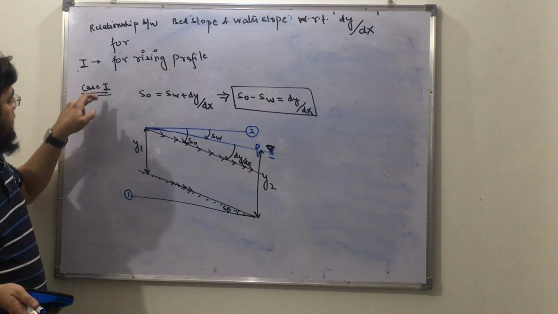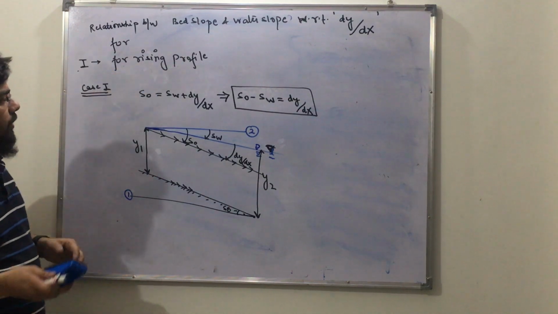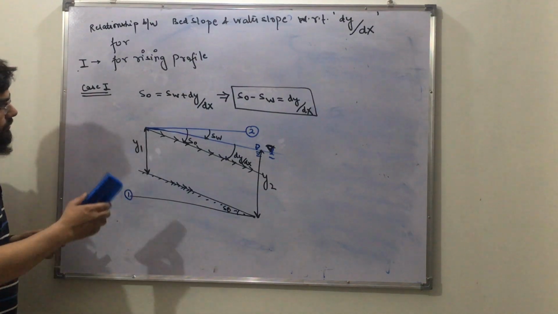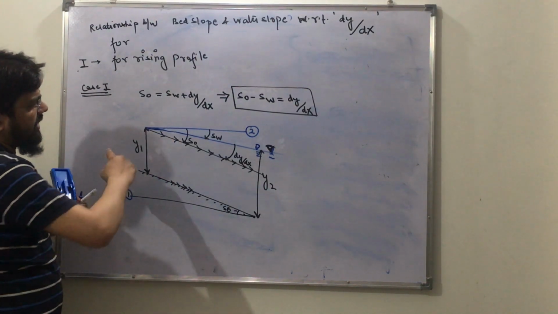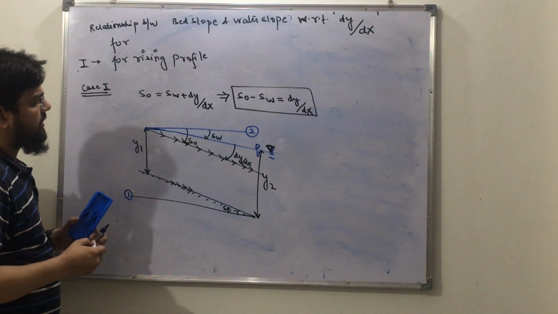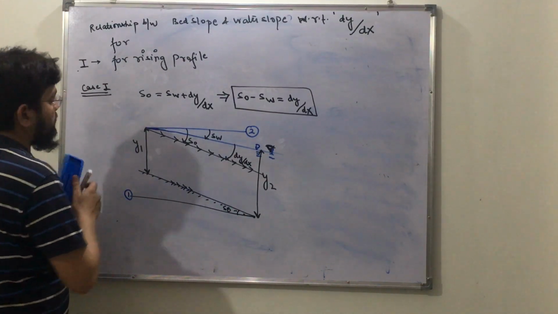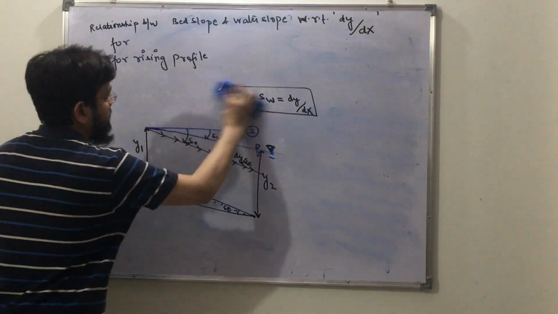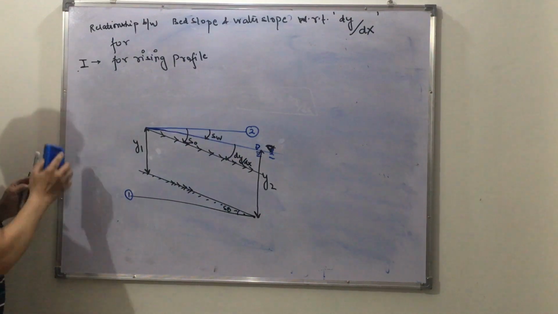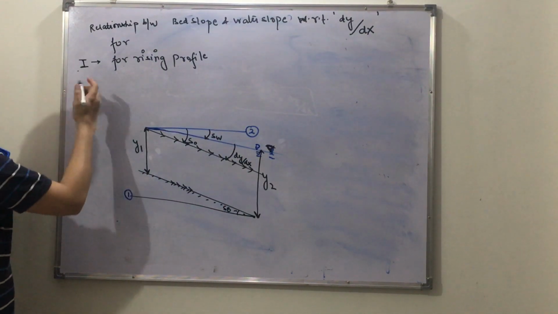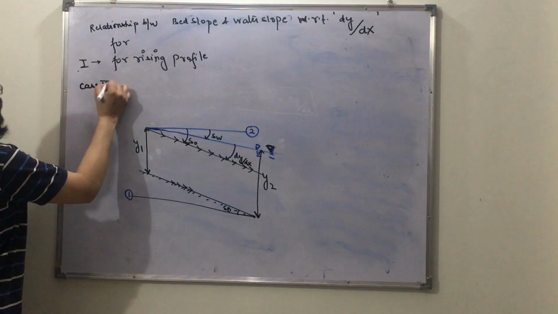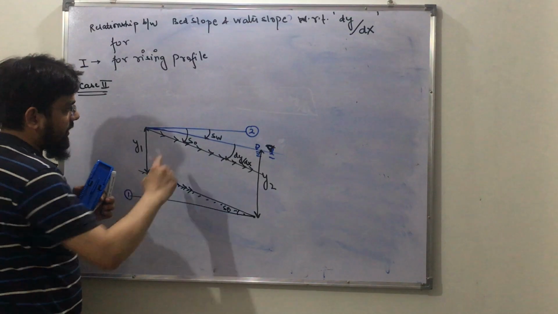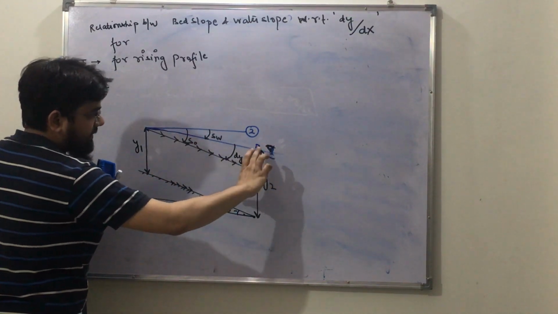We are taking again case 2 of the same rising profile. What is this case 2? Just draw this. I will try to draw this in the same figure. So case 2. Hope it is clear. Now I am taking case 2. What is there in case 2? In case 2, we can say that if we have drawn this water surface profile, it is also increasing.